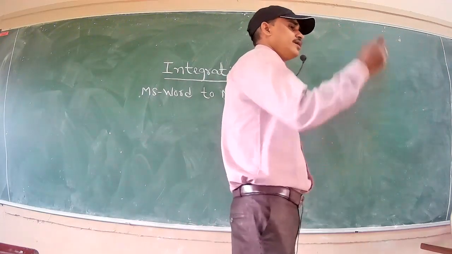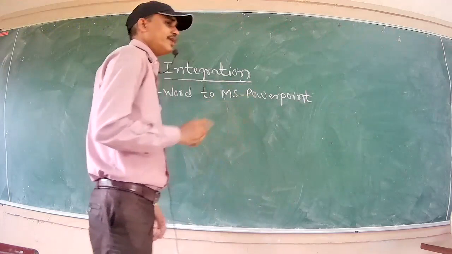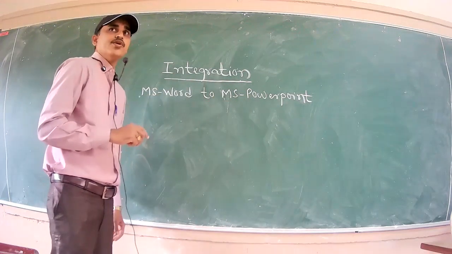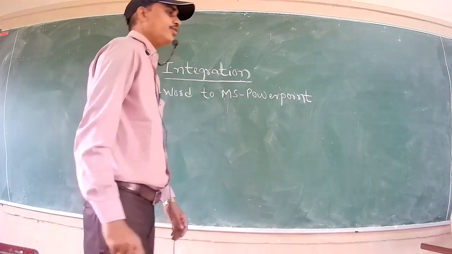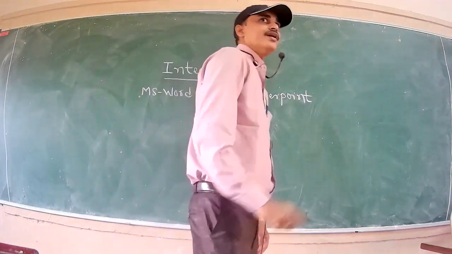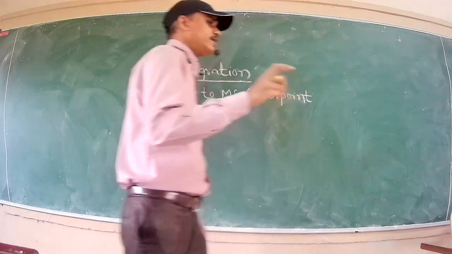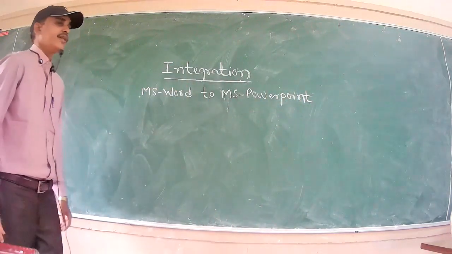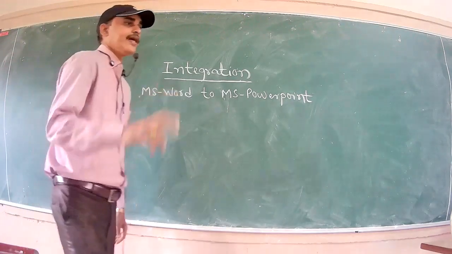For example, when you press Control N, a new Word window opens. In that new Word window, you have to select the level first. The first title, integration, you have to type at level 1. Select level 1 and then type integration.